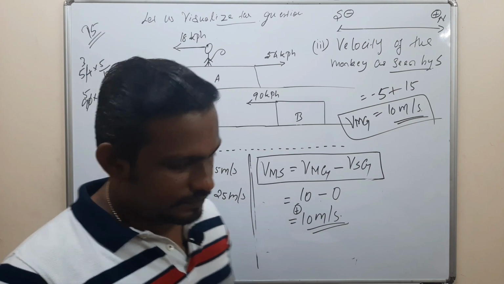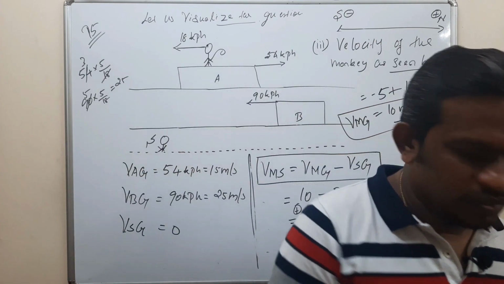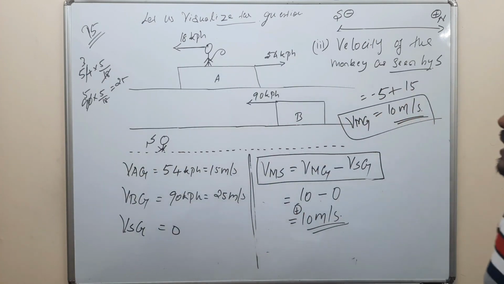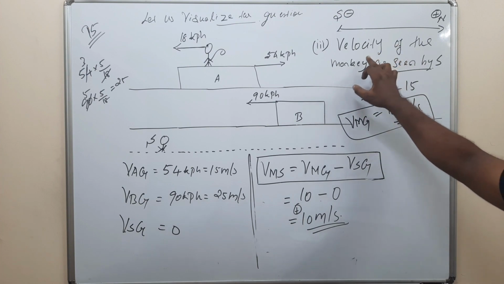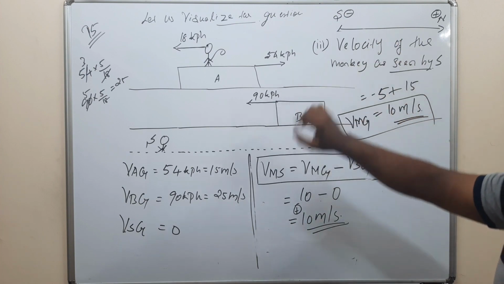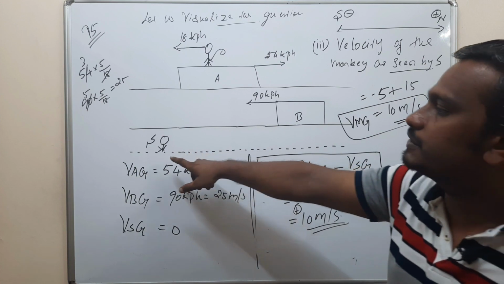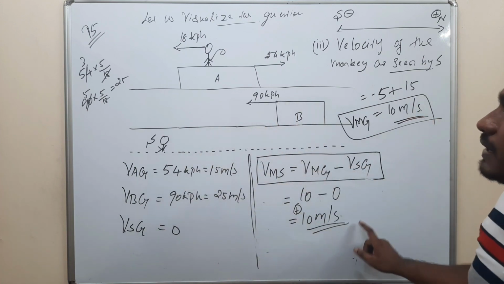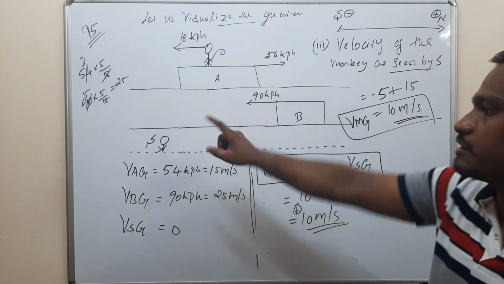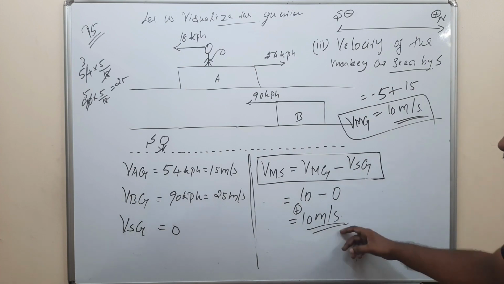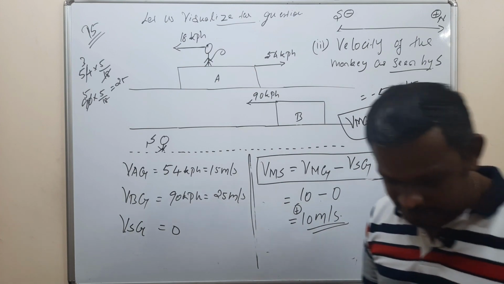Clear? So the three things we had to find: first, the velocity of A with respect to B; second, the velocity of the observer with respect to train B; third, the velocity of the monkey with respect to the observer, which is 10 meter per second.